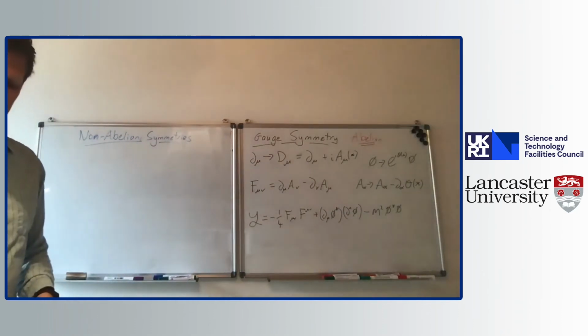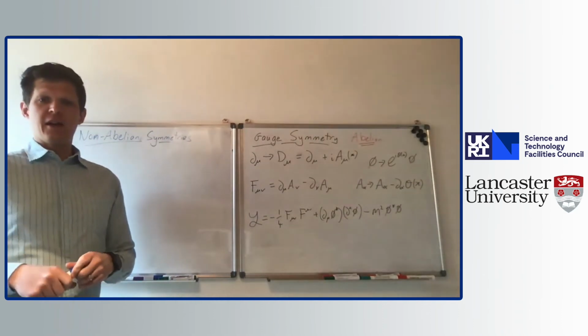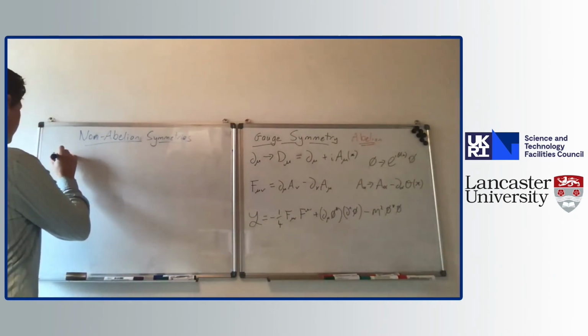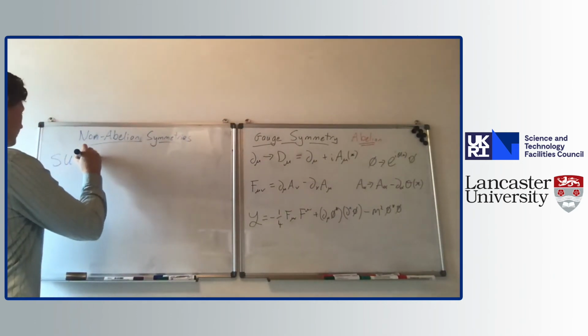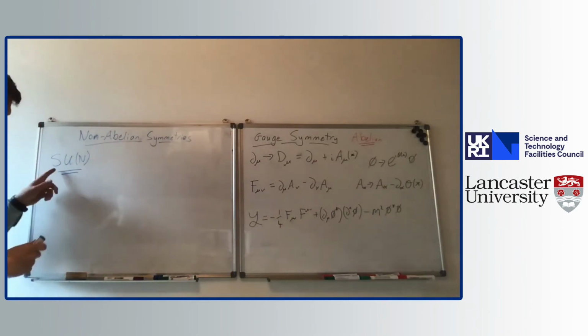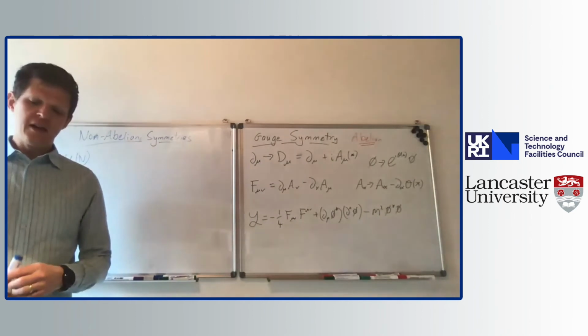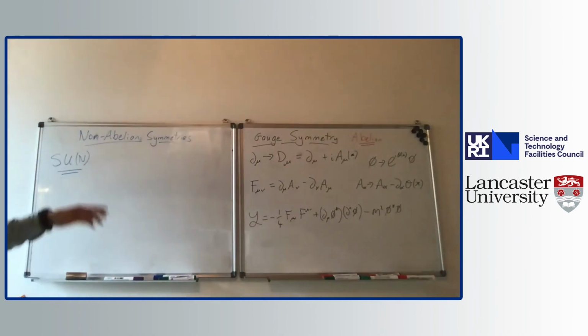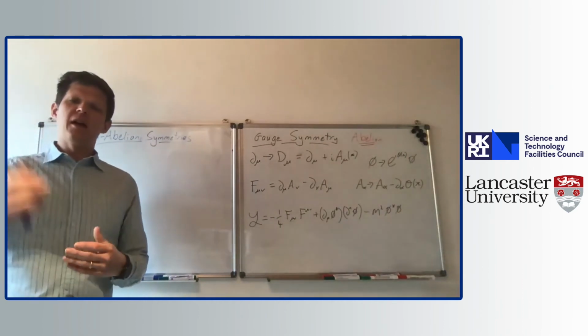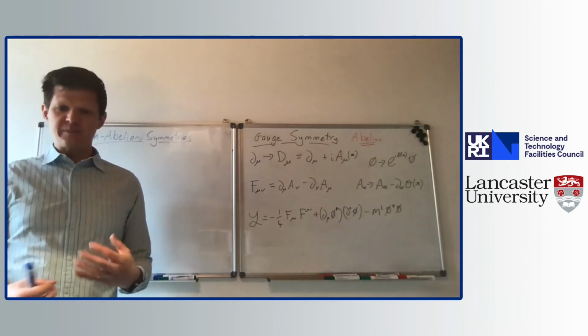And the example that comes up in the standard model is an SU(N) symmetry. SU means special unitary group of degree N. And so we think of it as having N pieces.